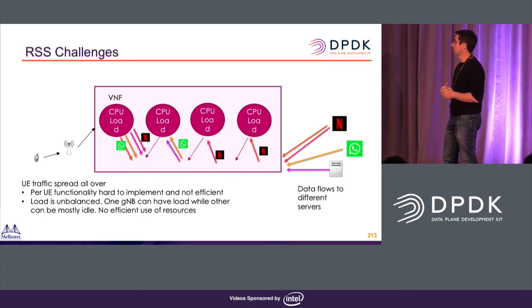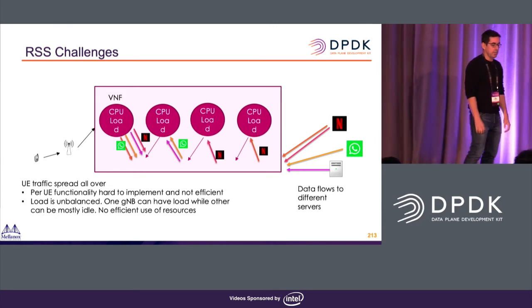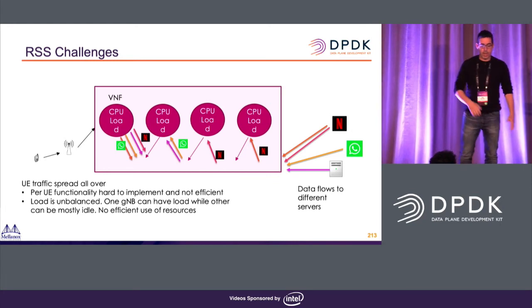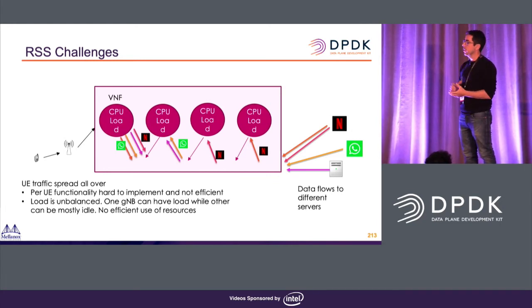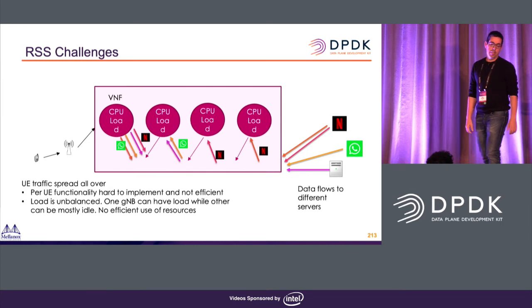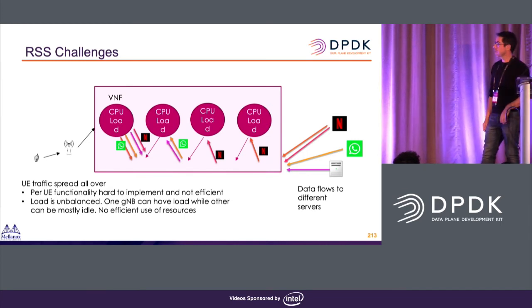And the traffic that is coming back is spread between all the cores, and now each core gets a few of the user flows. So the load is unbalanced. And in most cases, you want a UE context. You want to handle the same UE in the same context, and the existing RSS cannot handle this use case.